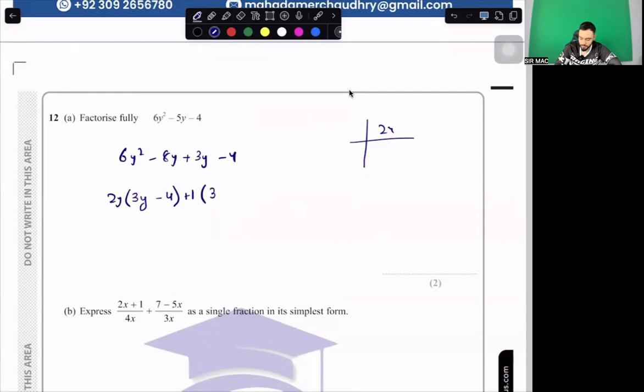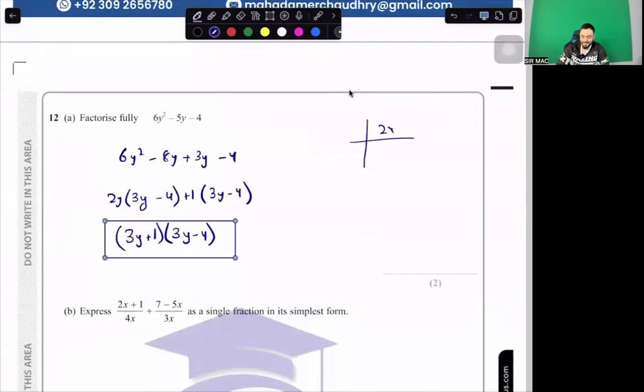I didn't check the mark scheme, but I know the mark scheme for these questions. You get 1 mark for one bracket, and another mark for the other bracket. So 3y minus 4. You can either do it with a calculator, I don't mind. I'm just solving it for myself.